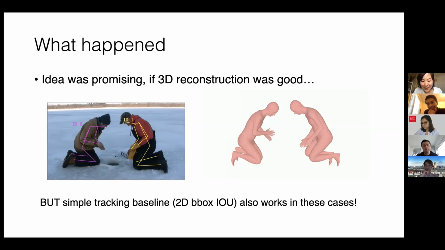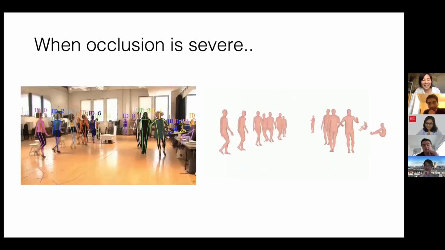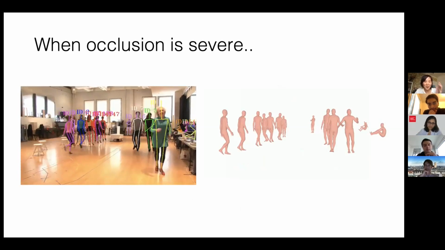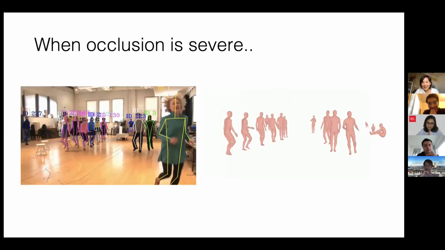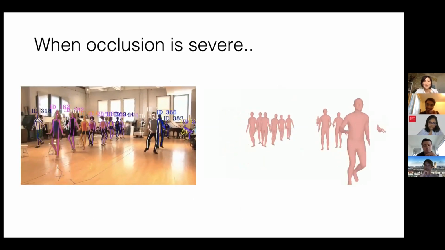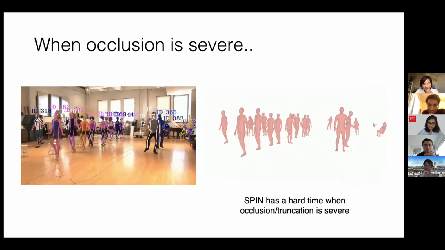And then what happened was that when occlusion is severe, which really tends to happen in your tracking type data sets, 3D is not going to be very good, because you only see a sliver of these people. It tries to do things, but there's going to be lots of noise, and because of this, you have issues in the Z association.